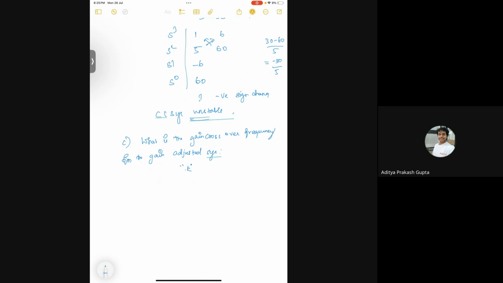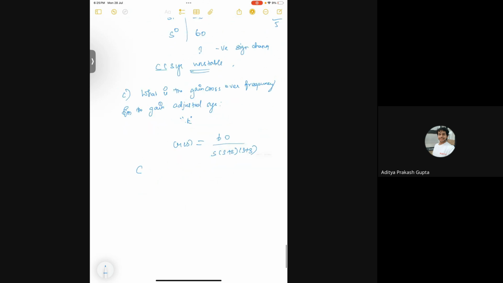Right. Now, the question is to find the gain crossover frequency of the gain compensated system. So the first thing is, G of s we know, 60 by s into s plus 2 into s plus 3. So the gain crossover frequency would be omega GC.